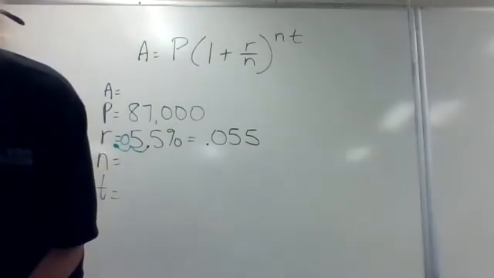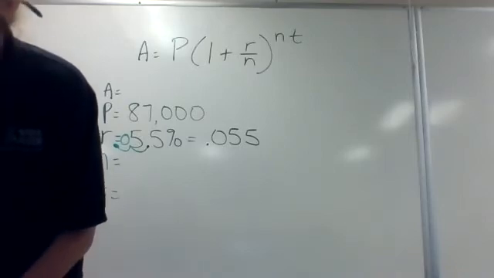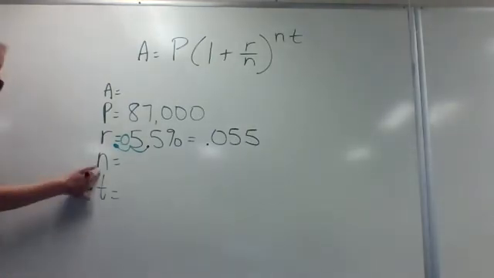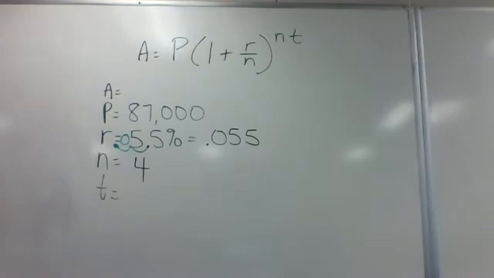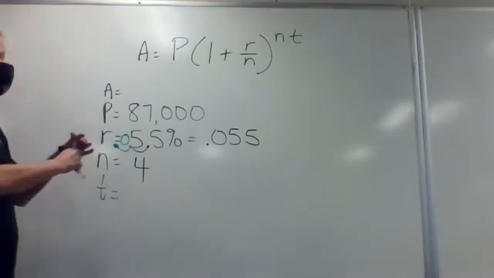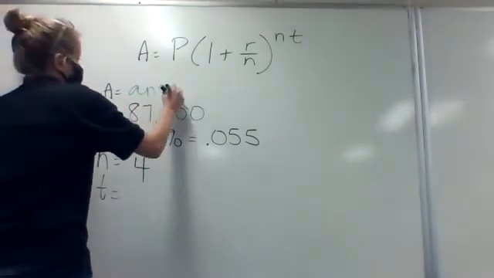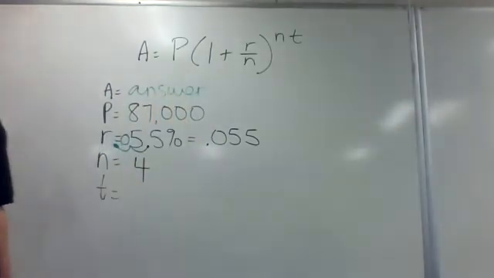Then it says invested at 5.5% interest, compounded quarterly, which means the number of times it's compounded per year is 4. Now, this is what's going to change, right? This is going to be your answer, right? Once I get it all figured out, the end amount is going to be your answer.